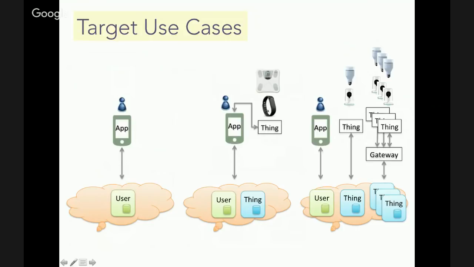And then you start to interact with things. Think of a Fitbit, a fitness tracker that you have on your wrist. The fitness tracker doesn't talk directly to the cloud because many IoT devices are so battery aware. You try to get as much battery life out of these things as you can. Having a Wi-Fi chip or a cell chip is going to drain your battery a lot faster.